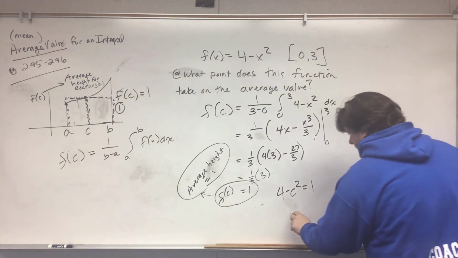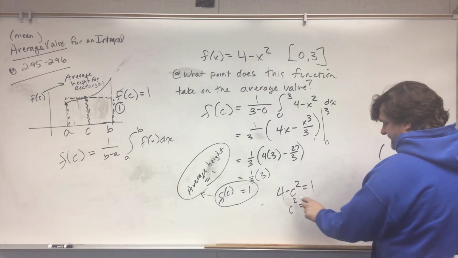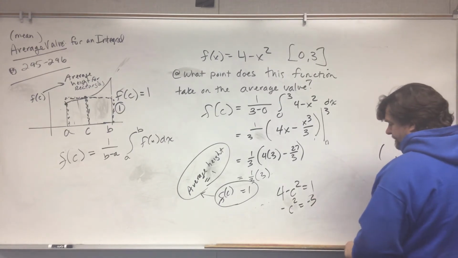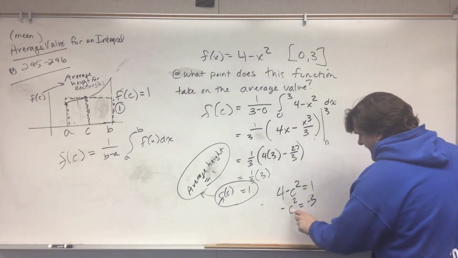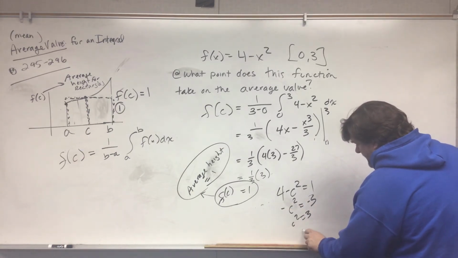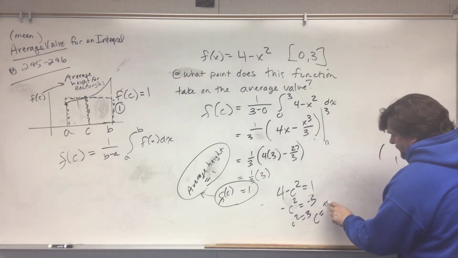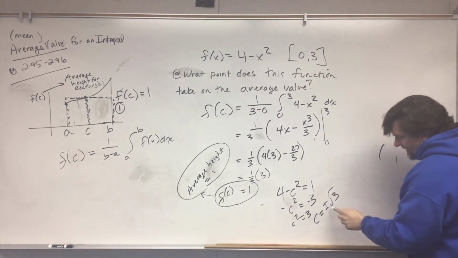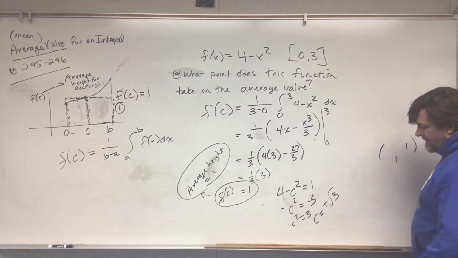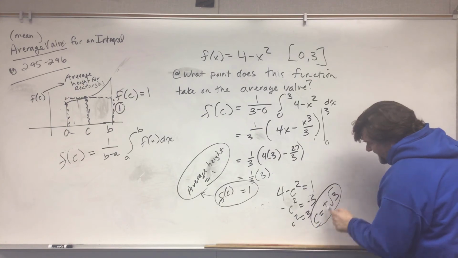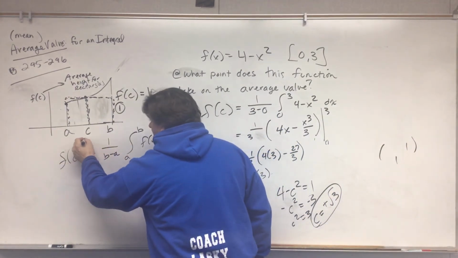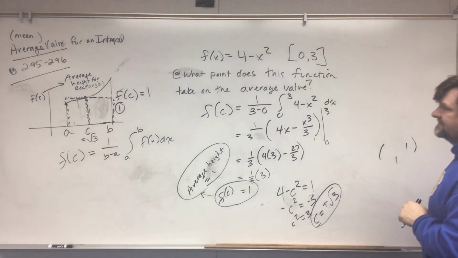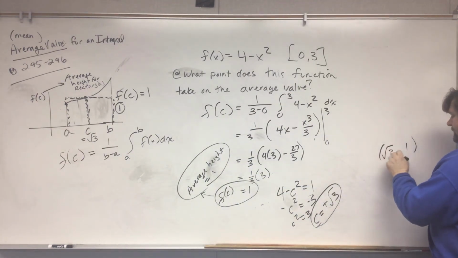Moving this over, negative c squared equals negative 3, so c squared equals 3. So c is equal to plus or minus root 3. My interval is from 0 to 3, so I don't want the negative one. My c value is root 3. So the point where this function takes on the average value is root 3 and 1.